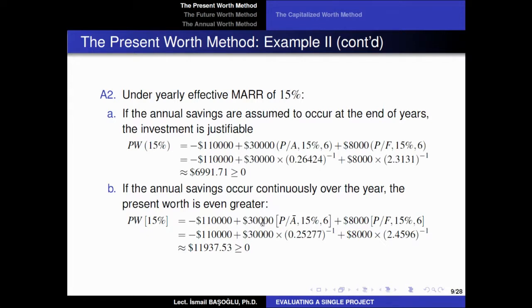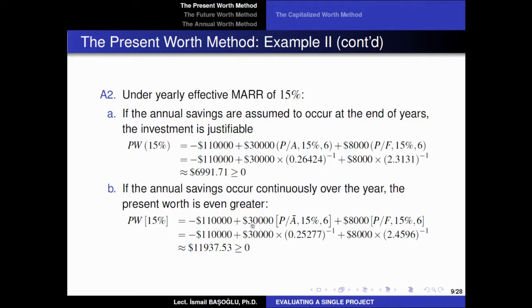So at the end of the 1 year, the total saving will be $30,000, but every day, for example, if the company works for 360 days, every day we are going to save $30,000 divided by 360.